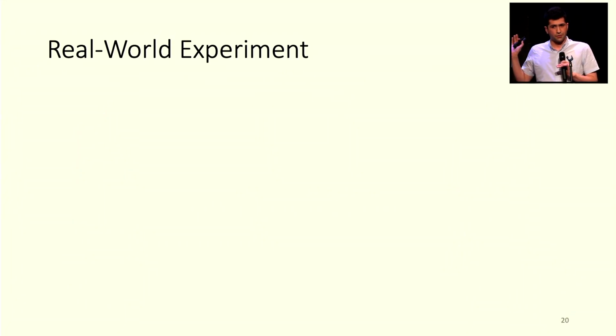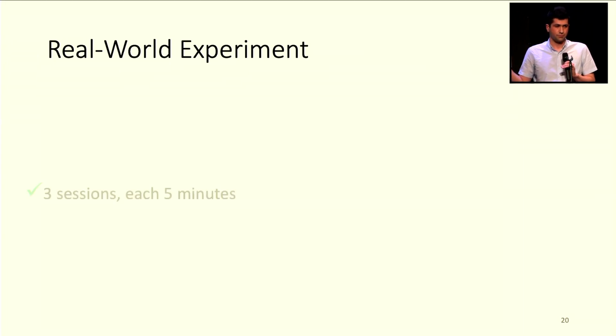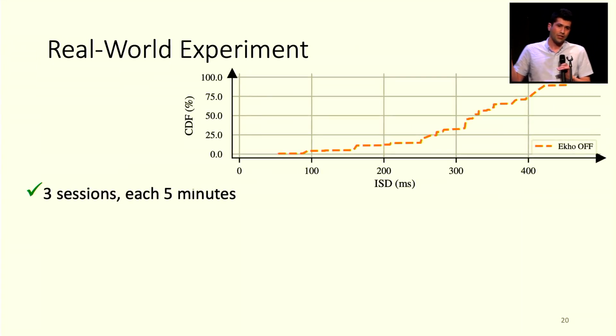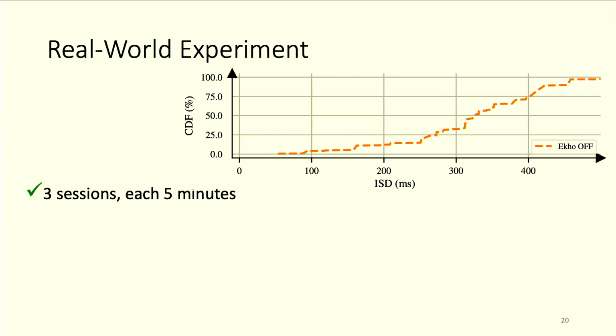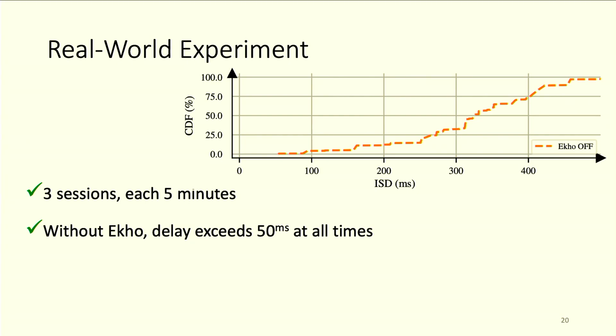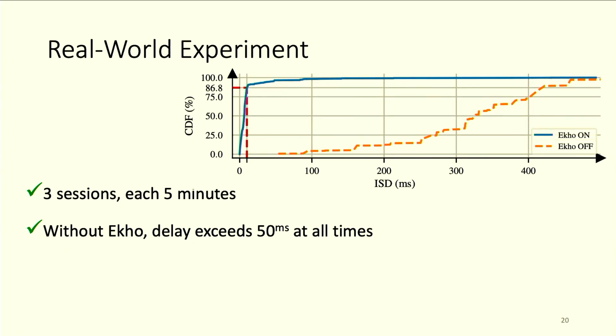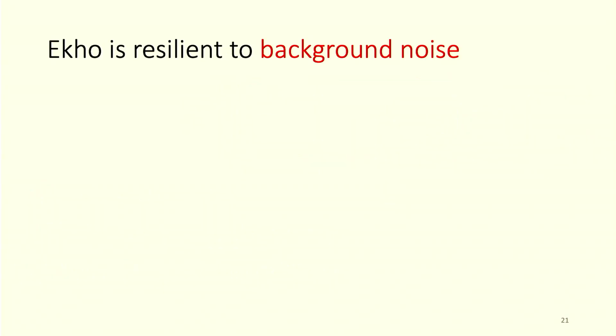We repeat this experiment for 3 sessions. Each session is 5 minutes. And here, I'm showing you the distribution of the delay when you don't have Ekho active for that entire 15 minutes. The delay here is at least 50 milliseconds at all times. When we activate Ekho, however, we can see that it achieves its 10 millisecond synchronization goal 87% of the time.